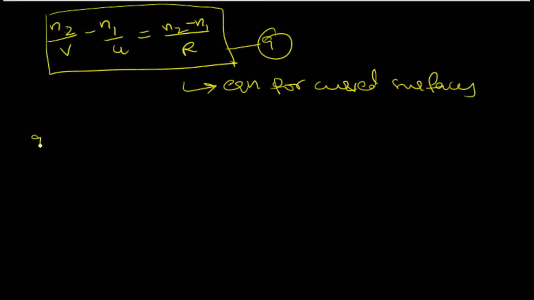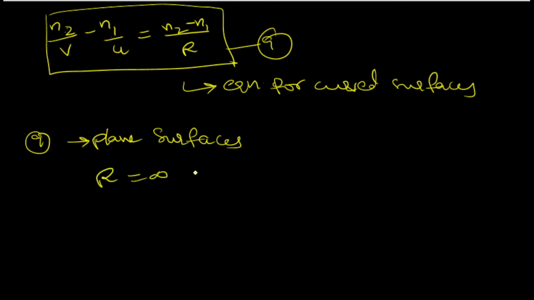Equation number 9 can also be used for plane surfaces, but for plane surfaces the R value is equal to infinity. Why? Because if this is a plane surface, the radius of curvature is at infinity.